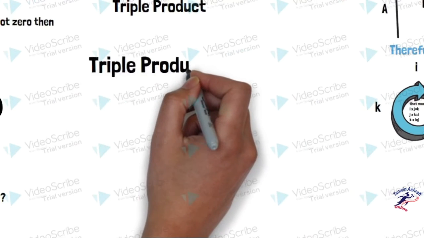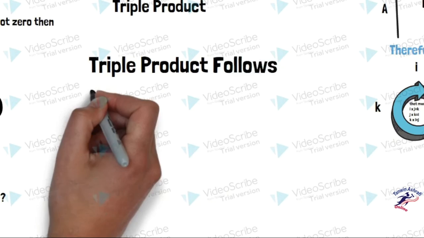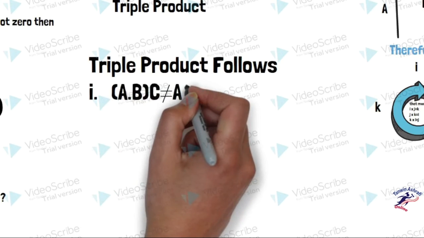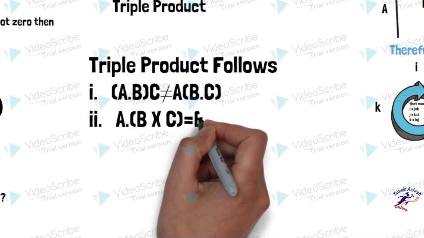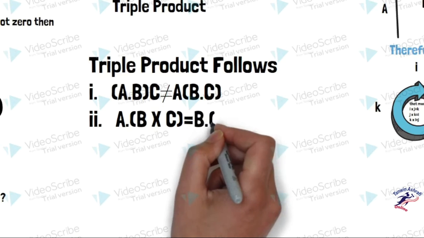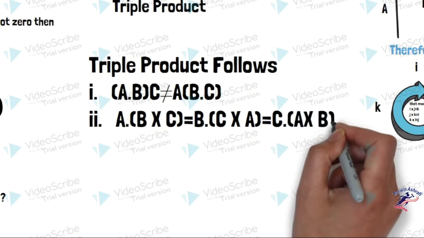Now let's see about the triple product laws. Triple products follow the law (A dot B) cross C, which is not actually equal to A dot (B cross C). When the parentheses change, the results change. Now, A dot (B cross C) is equal to B dot (C cross A) is equal to C dot (A cross B).